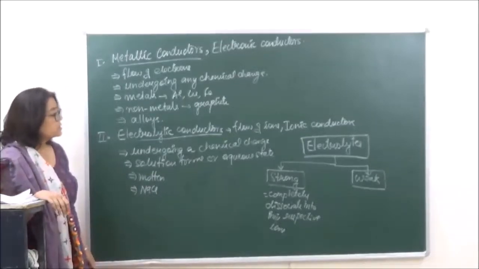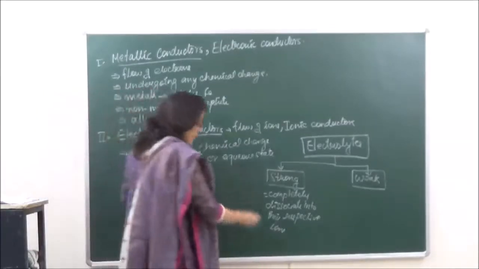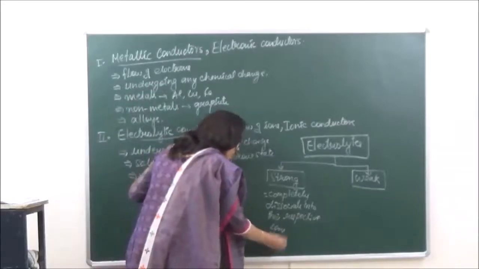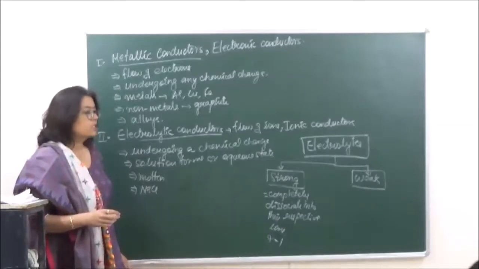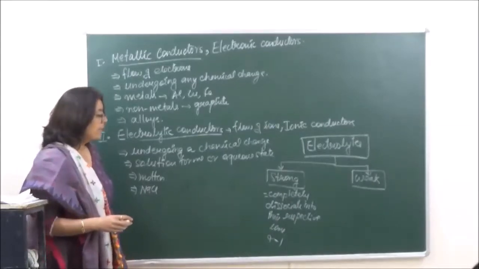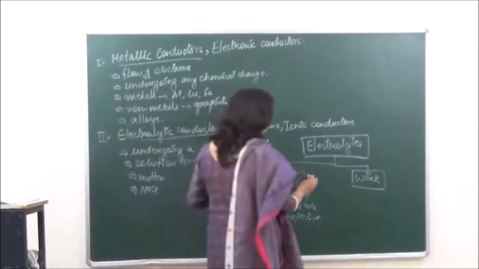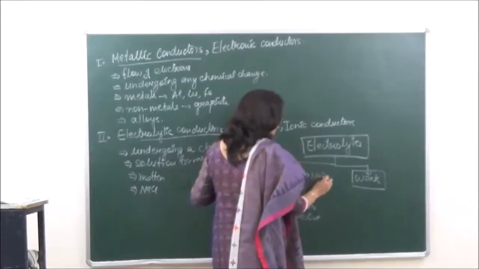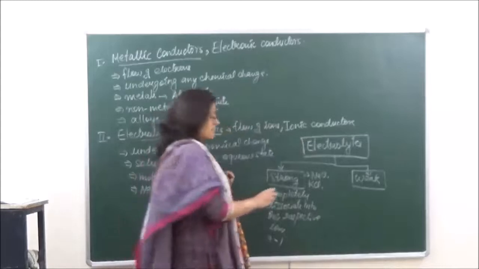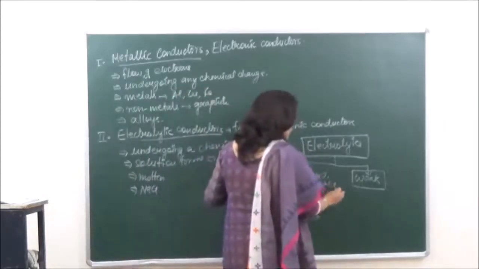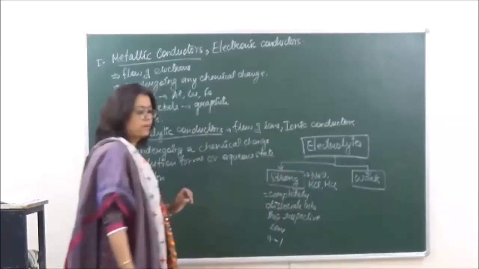So the degree of dissociation for such electrolytes, alpha, is always equal to 1. Clear? 100% dissociation takes place for strong electrolytes. Examples which we can take over here are NaCl, KCl, HCl, H2SO4, etc.